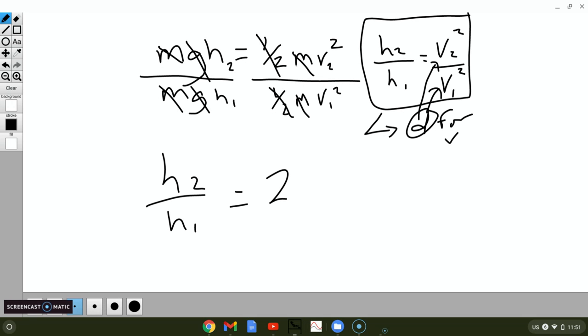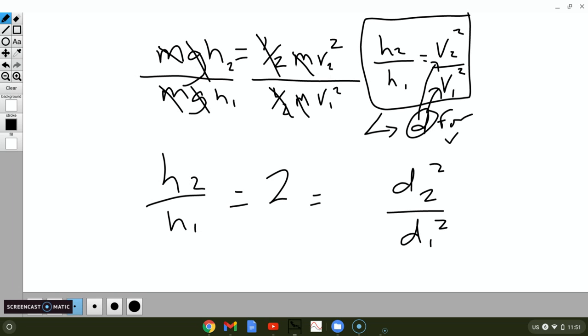Now, when you take d2 over d1, like I told you to do yesterday, you've got to keep in mind that d is going in for v, and v is squared. So to get these to be equal, these have to be squared.